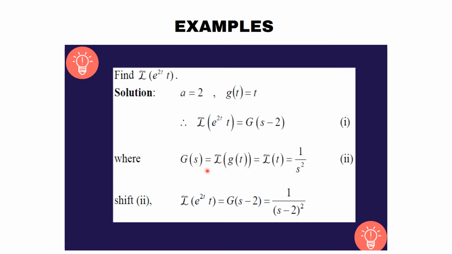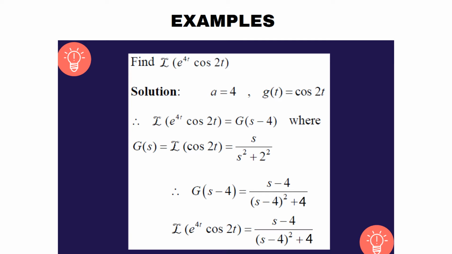So G(s) equals the Laplace of g(t), and we know that g(t) is t, so the Laplace of t is 1 over s squared. Then we do the shifting, because we know that the Laplace of e^(2t) times t is G(s minus 2). We have determined G(s), which equals 1 over s squared. Therefore, the Laplace of e^(2t) times t equals G(s minus 2), which is 1 over (s minus 2) squared, where you just need to replace s by s minus 2.